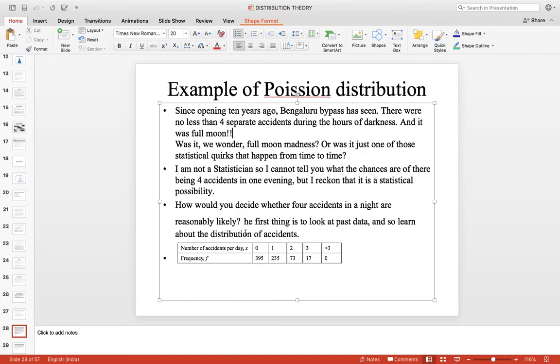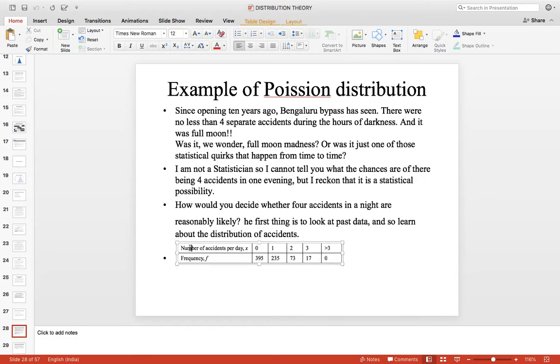To answer this question, we need data, and this data has been provided. The number of accidents at night during the day: 0 accidents on 395 days, 1 accident on 295 days, 2 accidents on 73 days, 3 accidents on 17 days, and more than 3 accidents didn't happen at all.